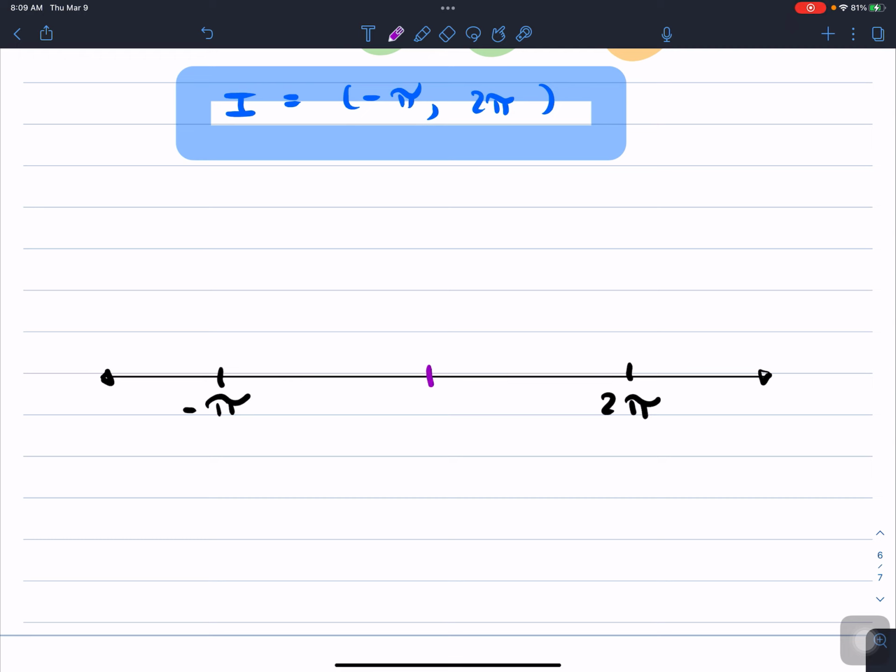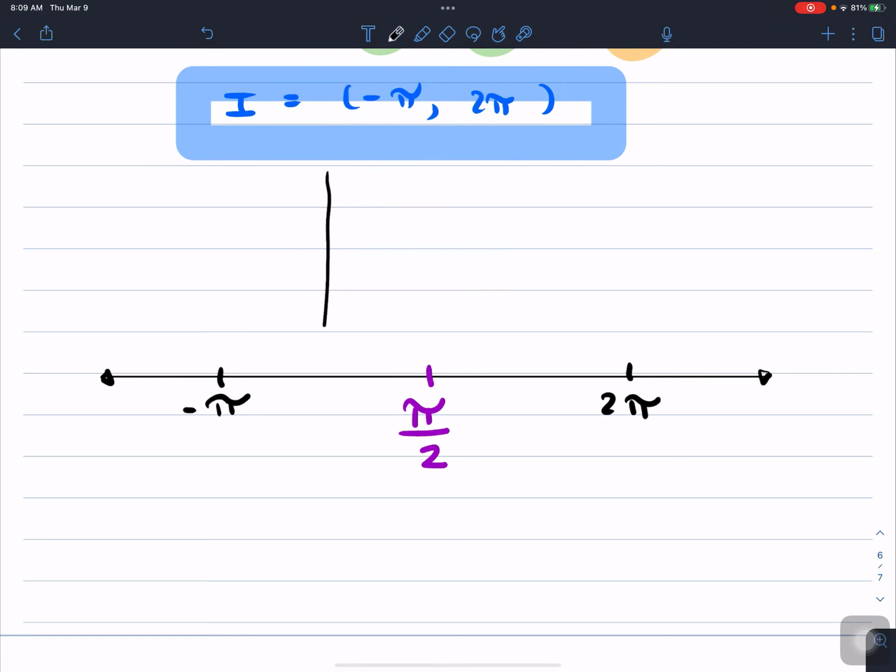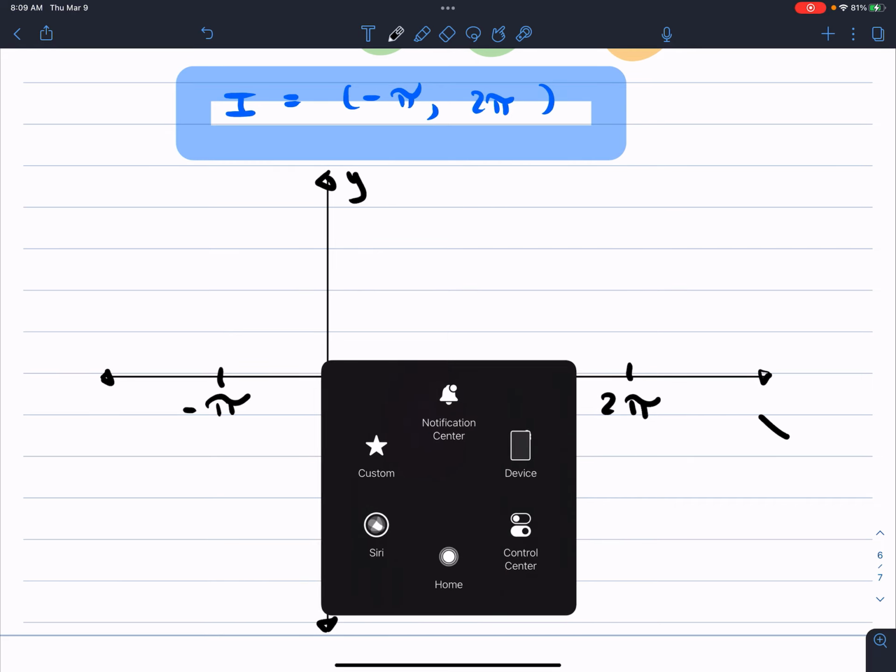What's the midpoint between negative pi and 2 pi? Well, add them. Negative pi plus 2 pi is pi, divided by 2. Is that pi over 2? So your y-axis is somewhere between the negative and positive value. Okay, you guys okay with this? There's your x-axis.